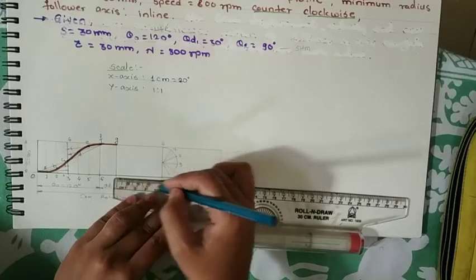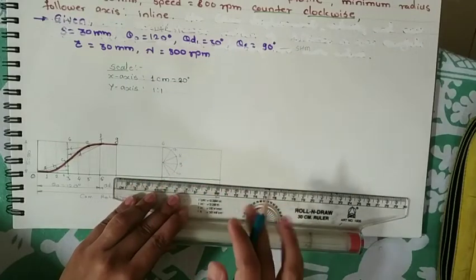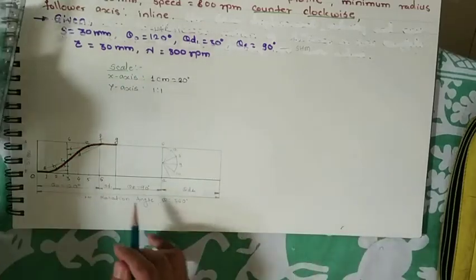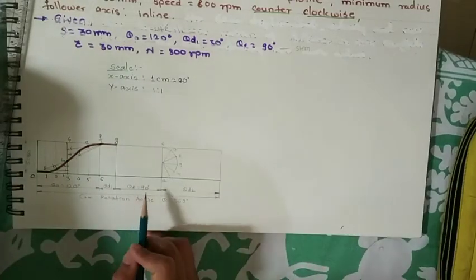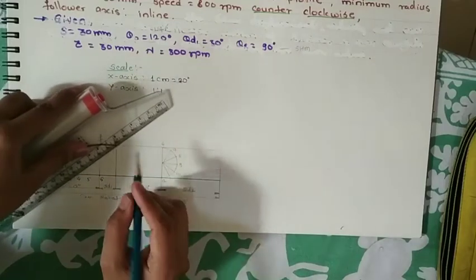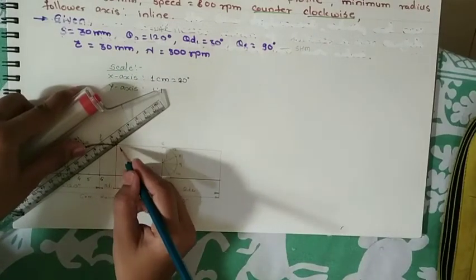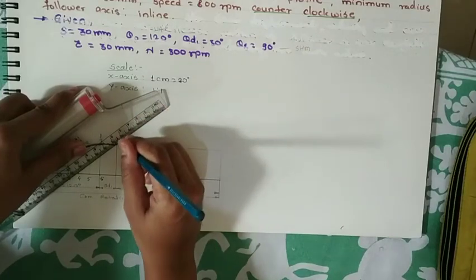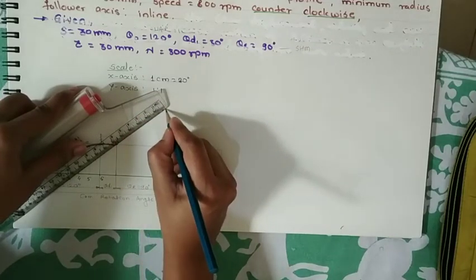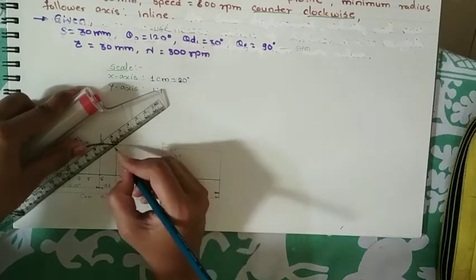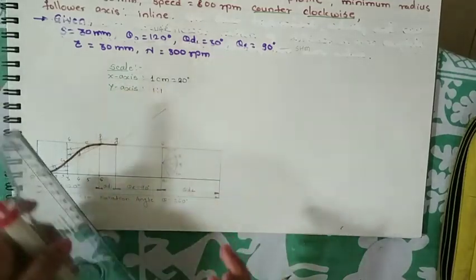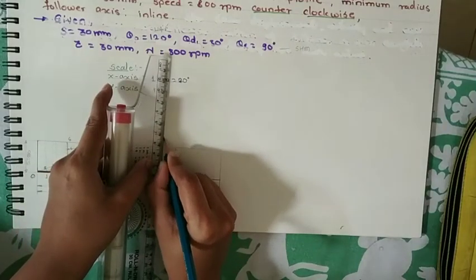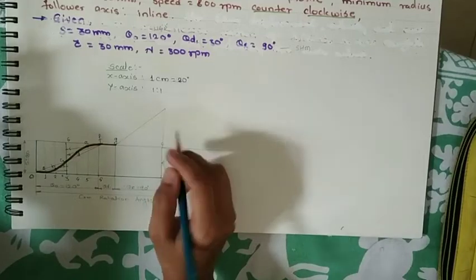Similarly, now divide this return stroke angle into 6 equal parts, because we have divided this semicircle into 6 parts. This distance for 90 degree is 4.5, so dividing 4.5 into 6 parts is difficult. For that, one of the simple methods is this: just draw one slope with your reference line, then join the last point of this slope.